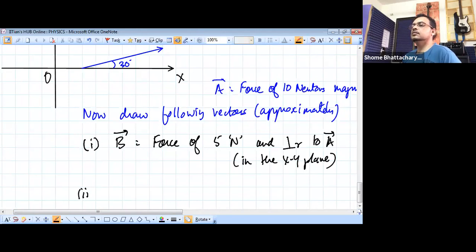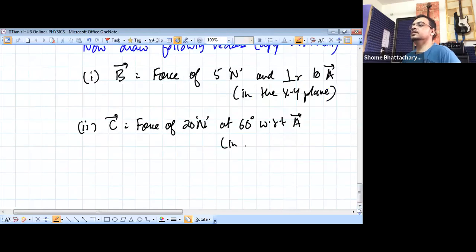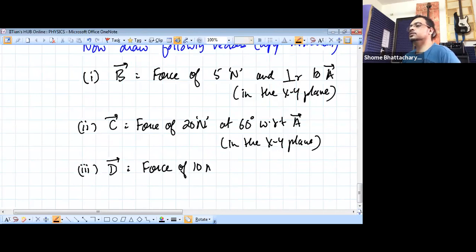And secondly, C, which is a force of 20 newtons at 60 degrees with respect to vector A. And again in the XY plane. And third is a vector D, which is of 10 newtons, but at 120 degrees with respect to the vector A.